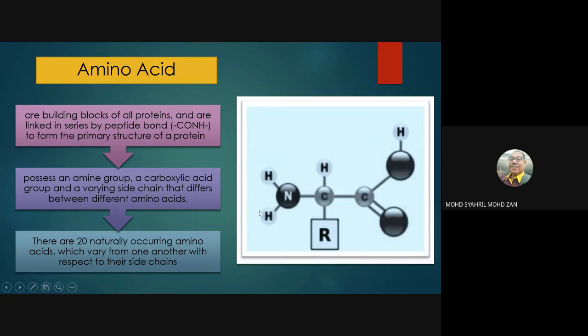This is the structure of an amino acid. Please check which part is the carboxylic acid and which part is the amino group. It possesses an amide group and a carboxylic acid group and a varying side chain that differs between different amino acids. So this is an example of an amino acid.